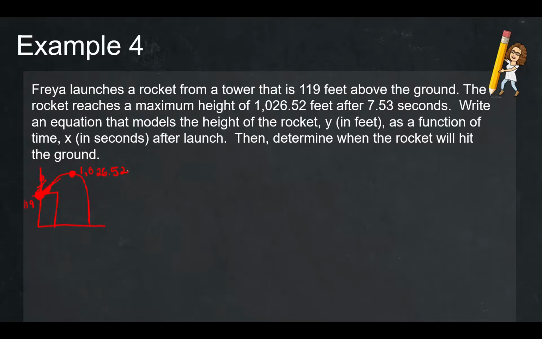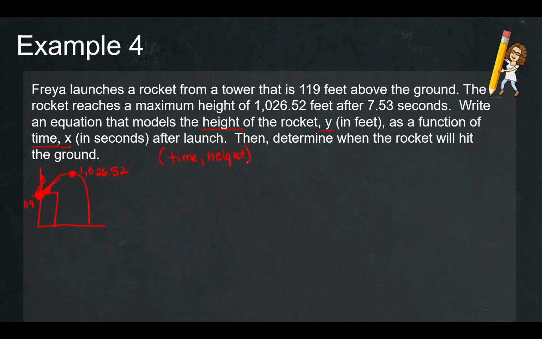Now, they tell us that the y value is going to be the height, and they tell us the x is the time. So that means ordered pairs are going to be time, comma, height, which is very normal. Time usually is the x value when you're looking at a story problem, because time usually is the independent variable, and your y, your dependent variable, is dependent on the time.